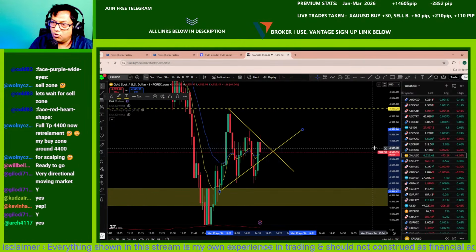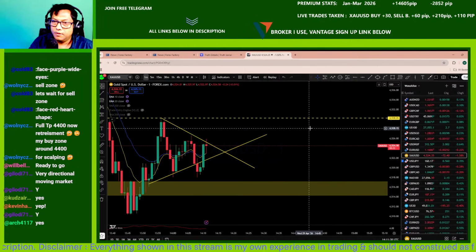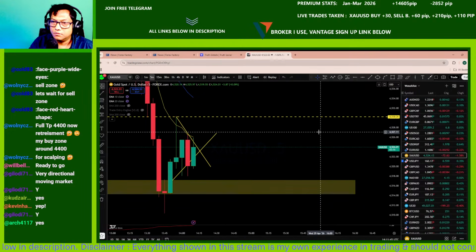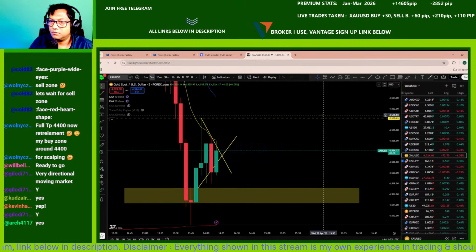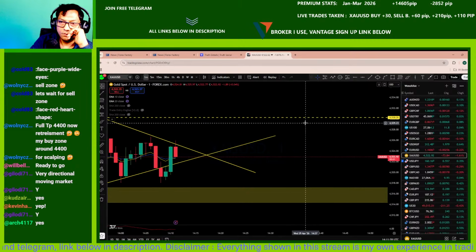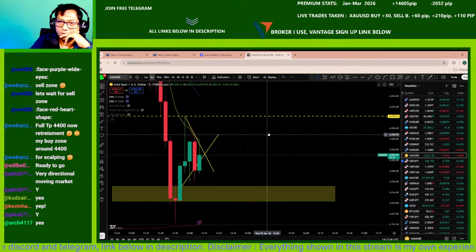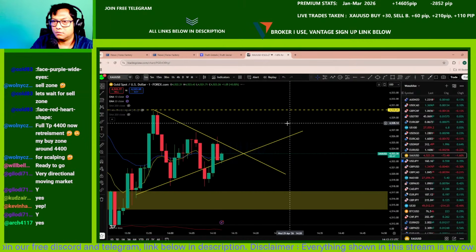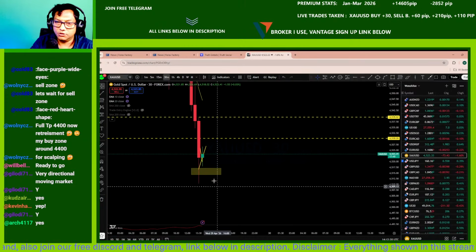So here, this zone here is the key area. Nasty consolidation there, I would say.